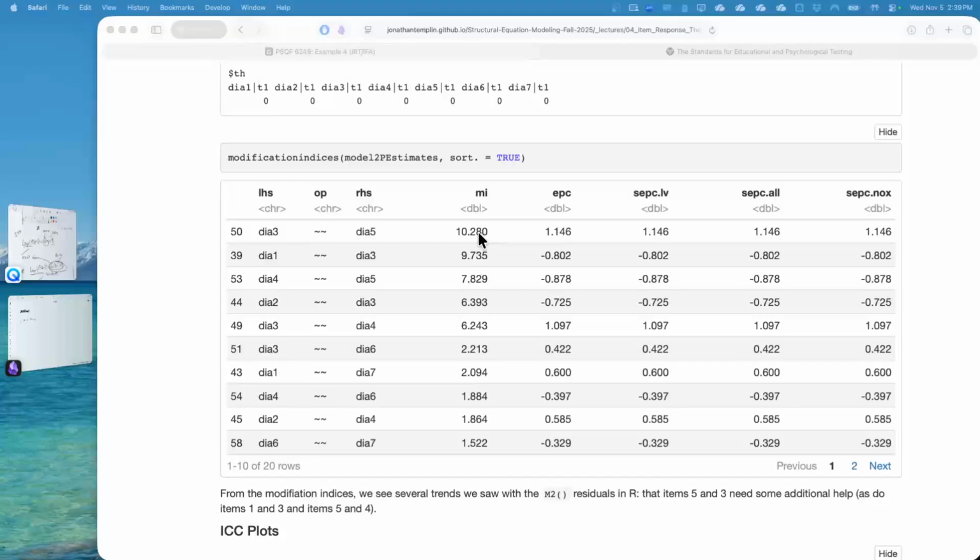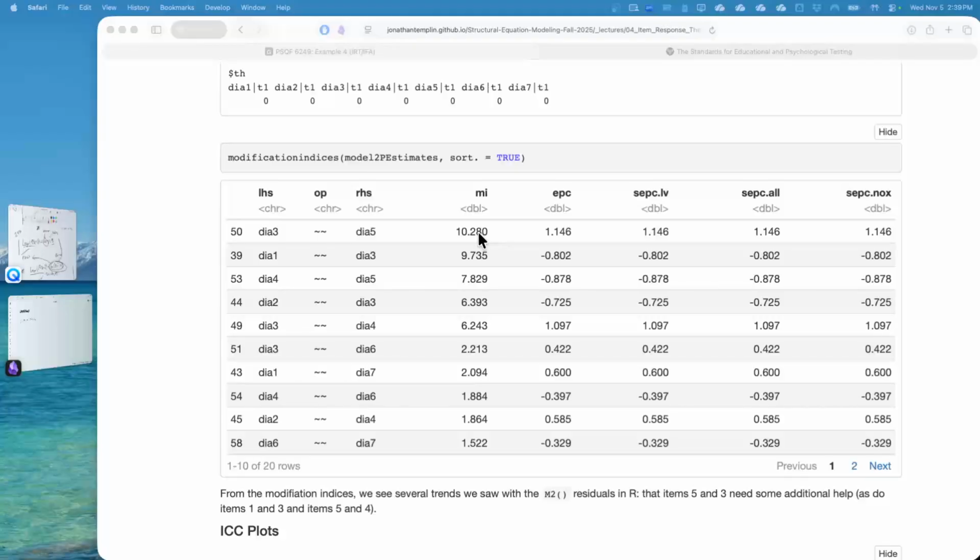Now this is a chi-square, so the chi-square distribution has a critical value at 3.84, that's alpha 0.05. But remember what I said about adding residual covariances in a measurement model. It violates a really fundamental assumption of measurement. It undermines the one latent factor. I'm just going to have to say it one more time.